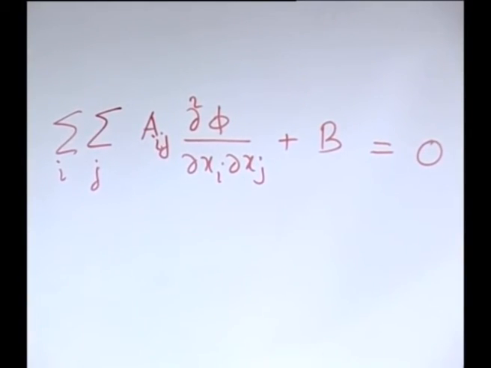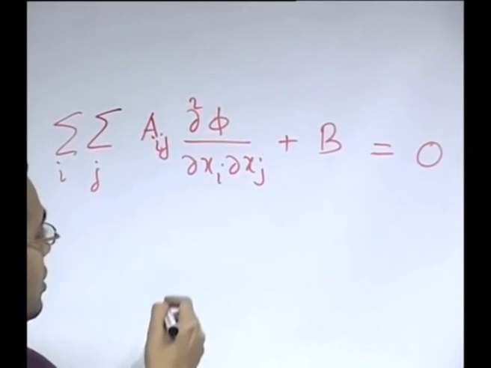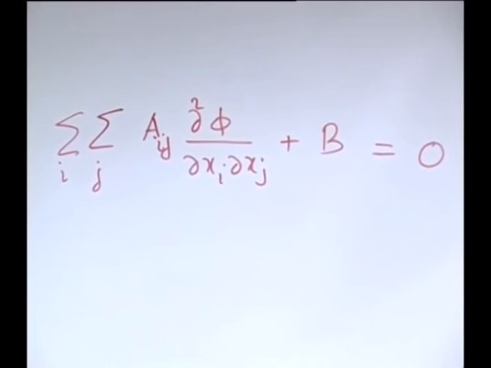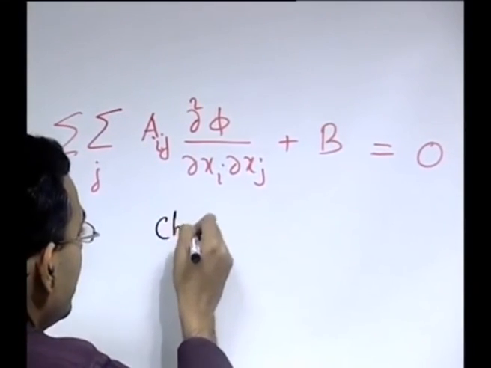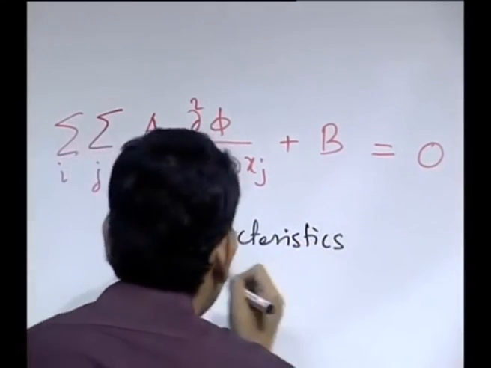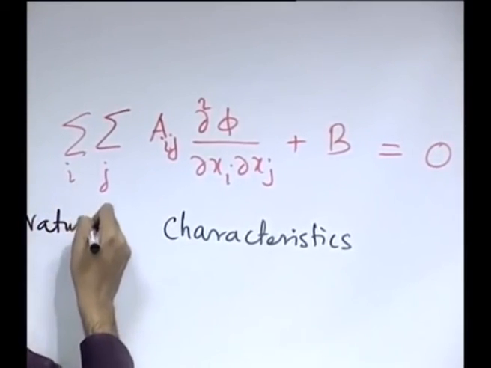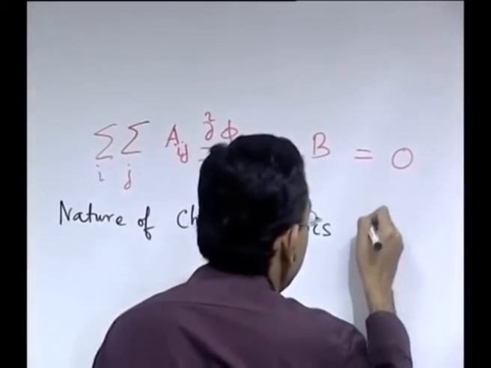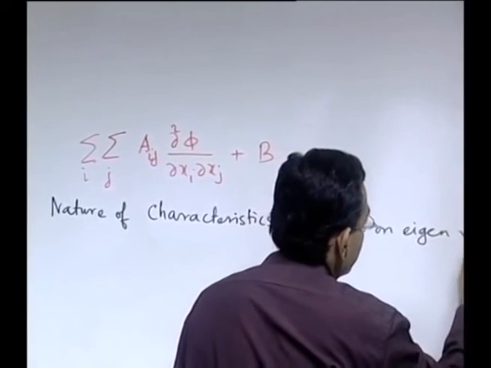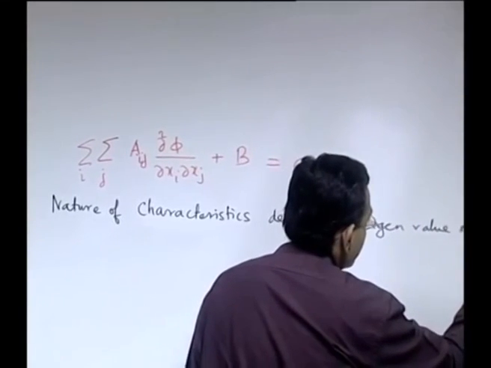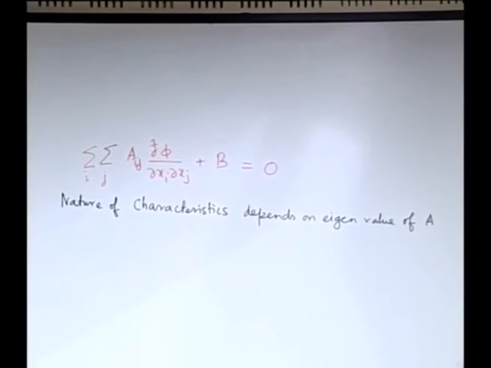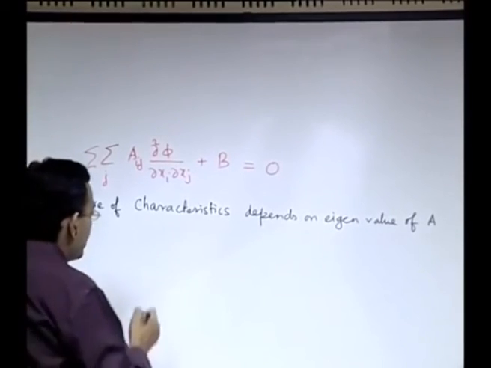Now the nature of the characteristics of this equation depends on the eigenvalues of the coefficient matrix A. So how do we get the eigenvalues of A?